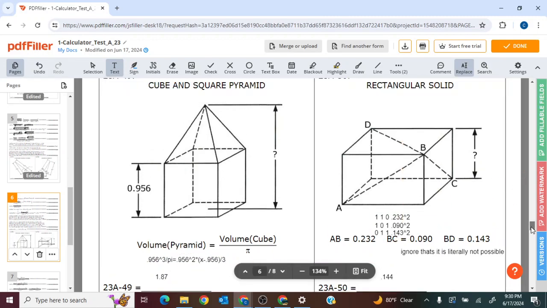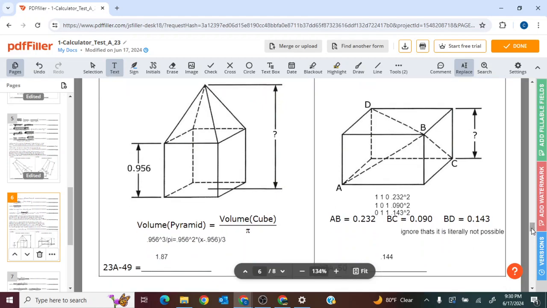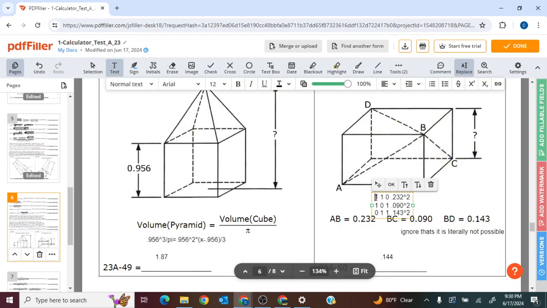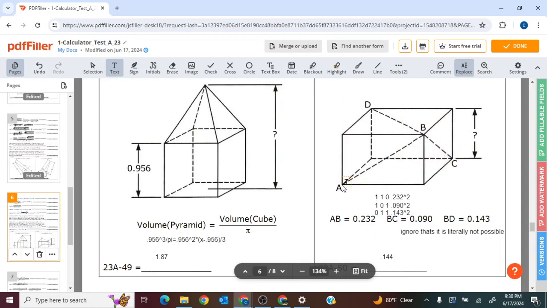Next one. This is a bit more complicated to explain, but I did do it on a 2019 test, and it could appear again. It's a pretty cool problem anyway, so I'd like to explain it. Each of these sides is based on the Pythagorean theorem of two other sides. So we can store this side as x squared, this side as y squared, and this side as x squared.